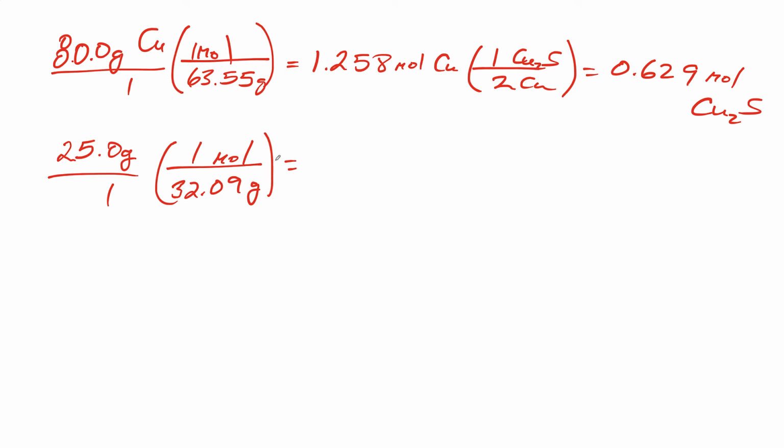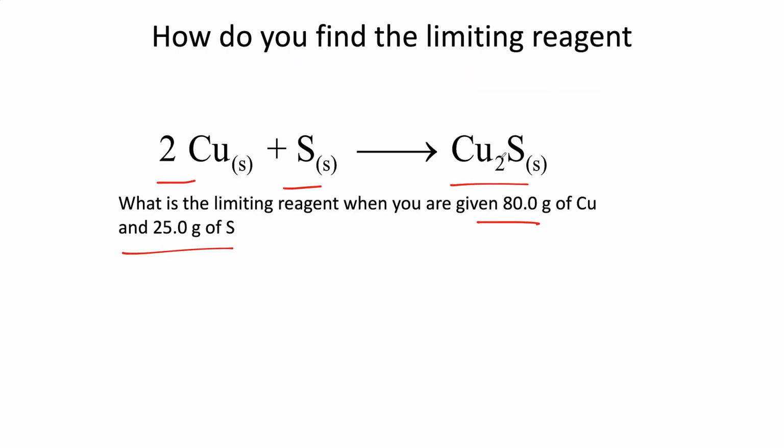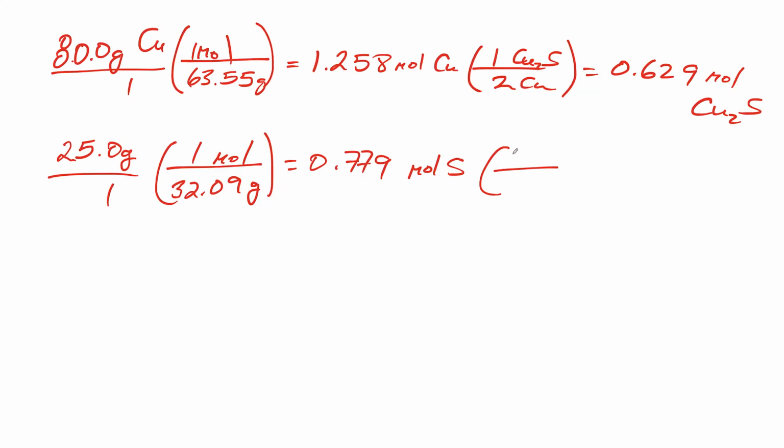And then we do the mathematics, and that's equal to 0.779 moles of sulfur. And in our equation up here, it's a 1-to-1 relationship. We always like to put this down just to make sure we got it right. And that means we make 0.779 moles of copper(I) sulfide.